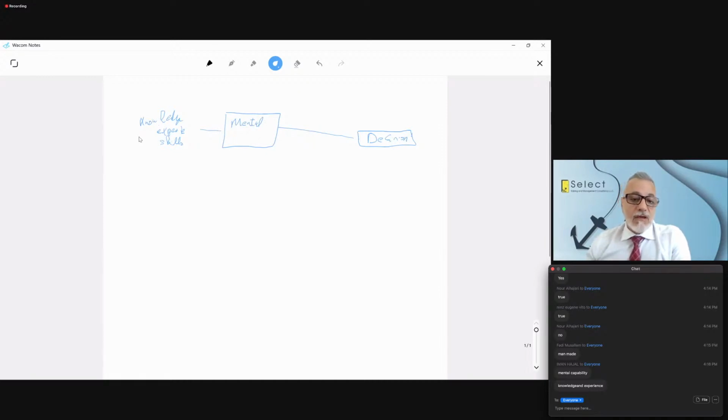I will apply this decision-making, an action I take, supposed to be an intelligent decision. That means it will be based on knowledge, experience, and skills, but I use my mental model to apply all these things together.